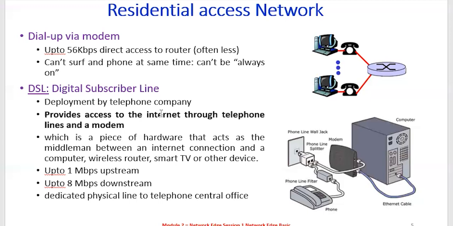So the telephone companies which offer telephone network can provide a DSL connection. It provides access to the internet through telephone lines and a modem. Again, we have a modem used here, which is a piece of hardware that acts as a middleman between the internet connection and the computer, wireless router, smart TV, etc.